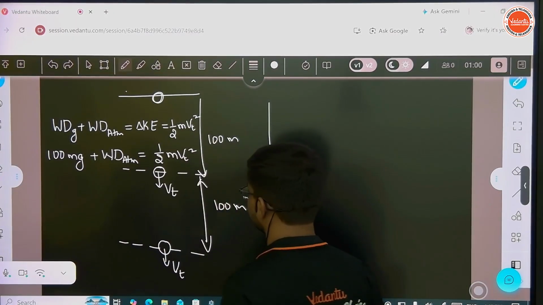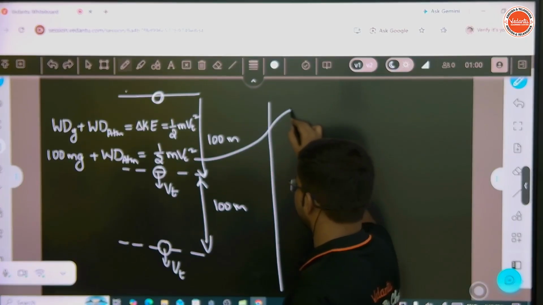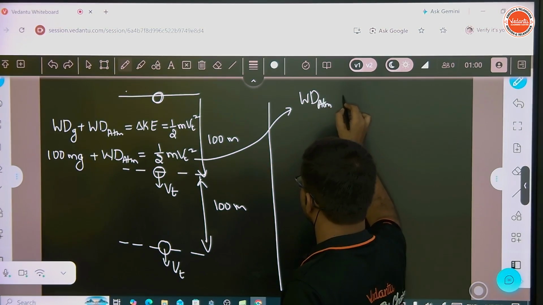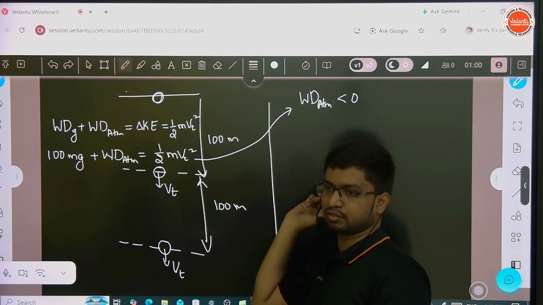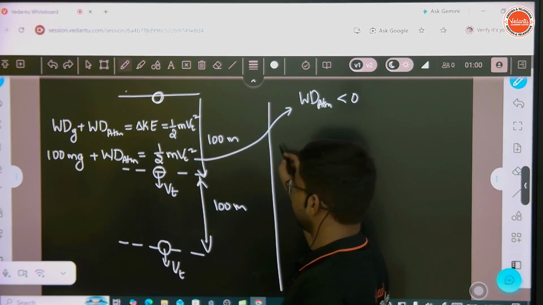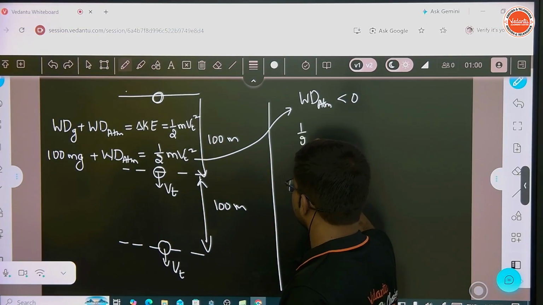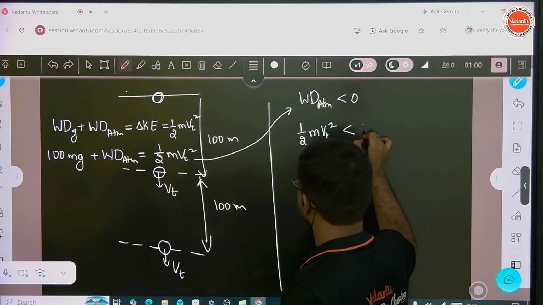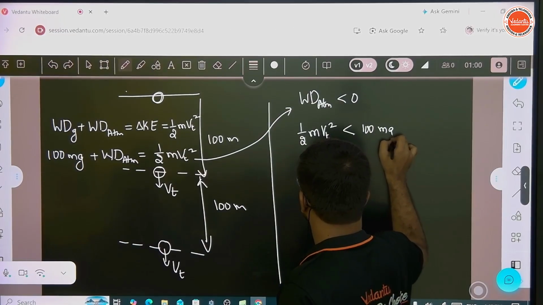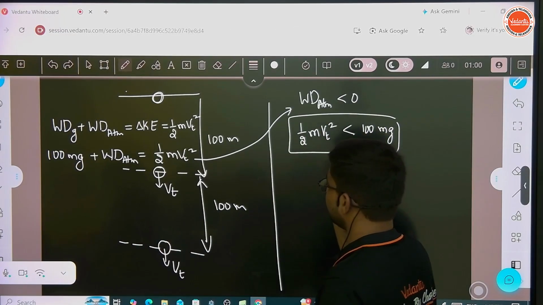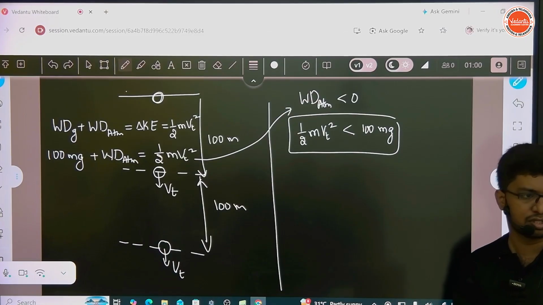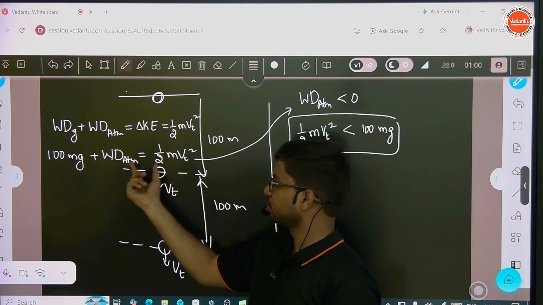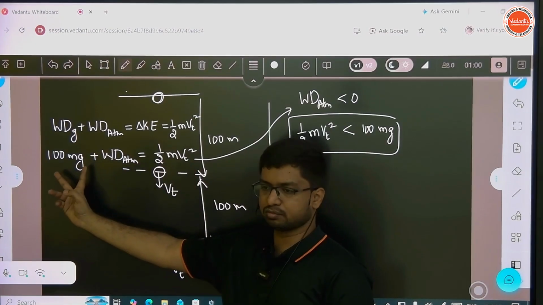One more point I can bring in here: since we know that work done by atmosphere is negative, I can clearly say that half m Vt square is a value less than 100 mg. Did you understand this point or not? Clear up to here, right? Because this is negative, this value will be less than 100 mg.